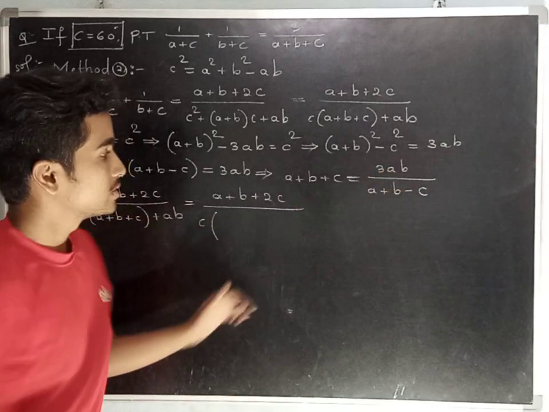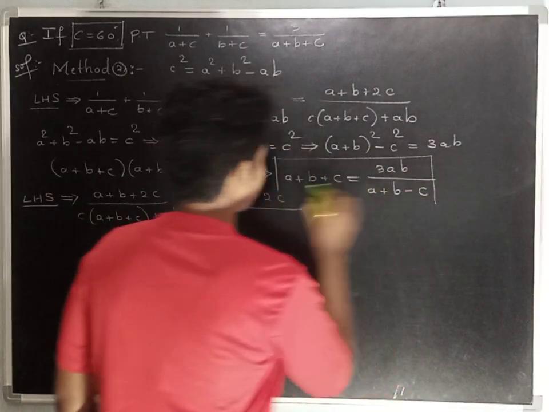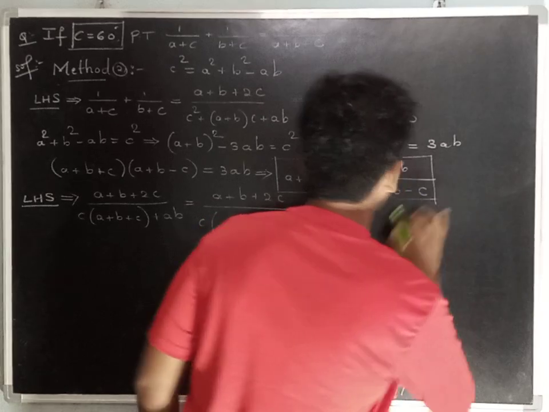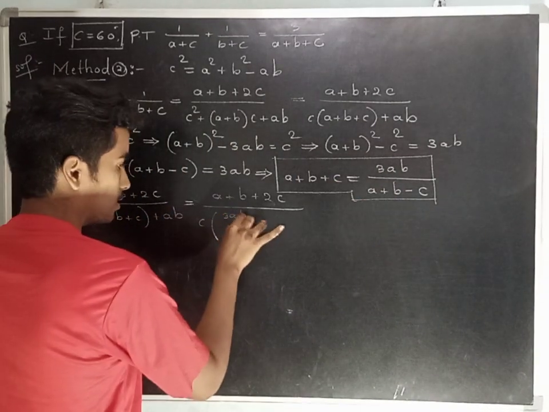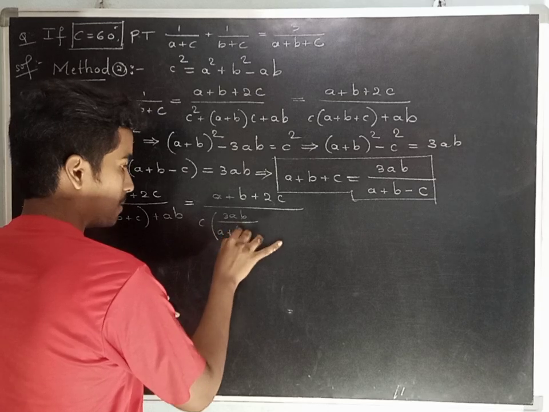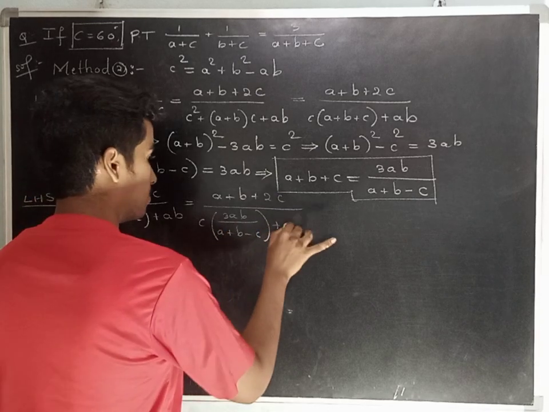I have this value: a plus b plus c is nothing but 3ab by a plus b minus c, plus ab.